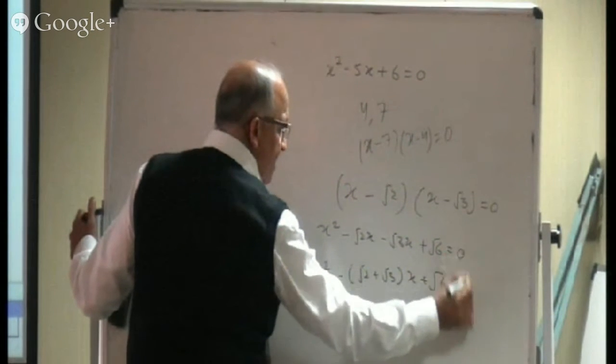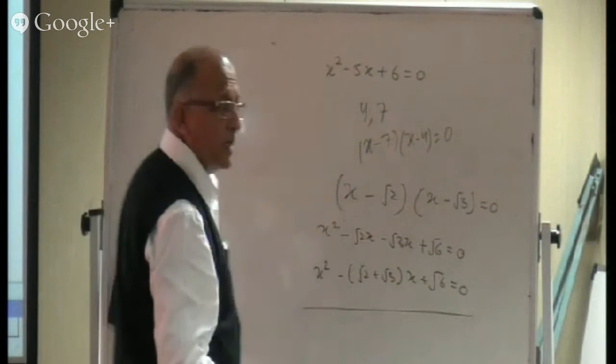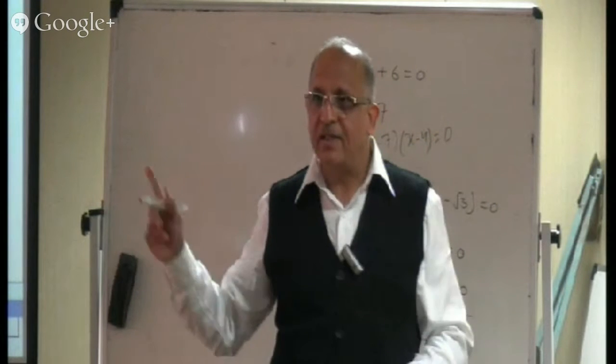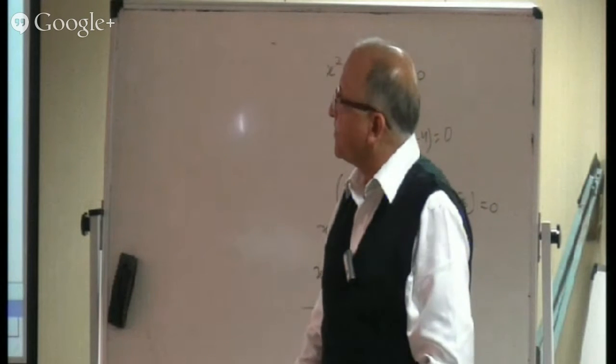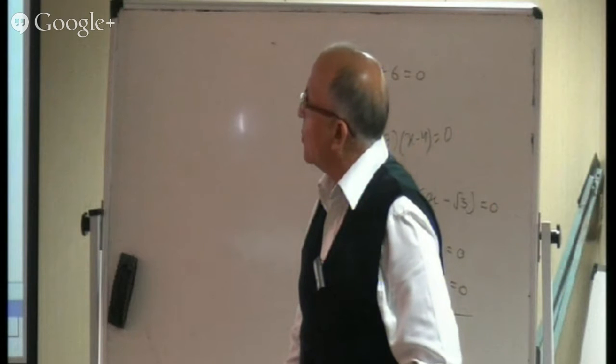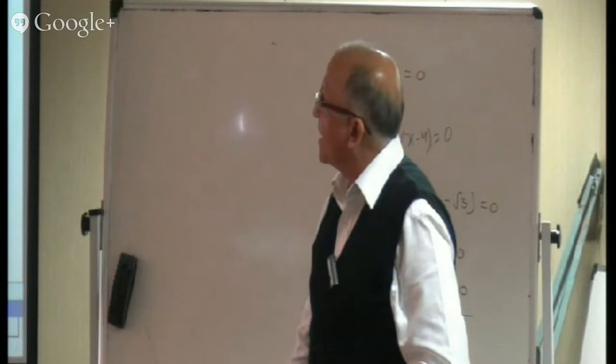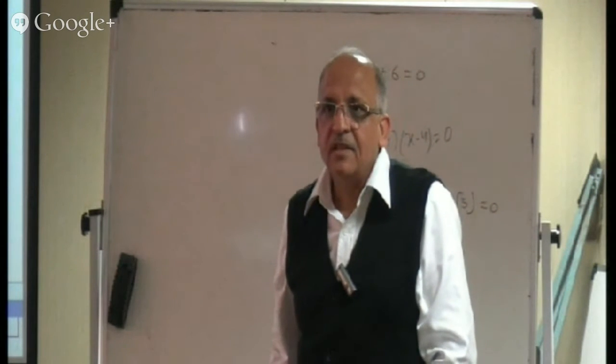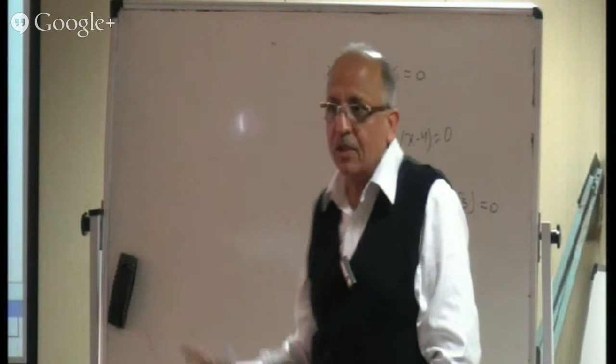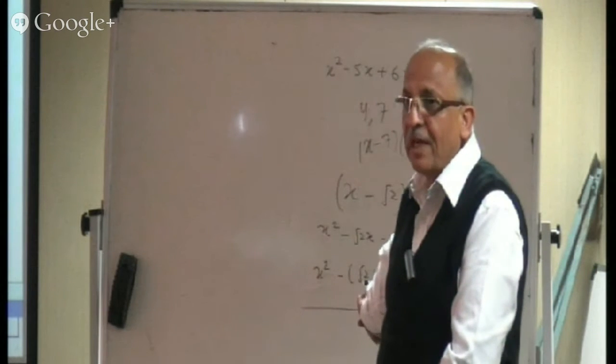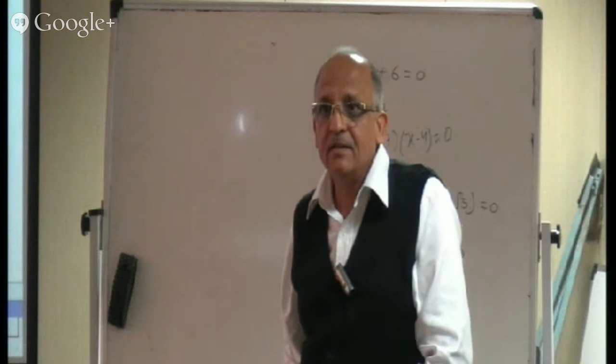But is this the required equation? It is not, because we are asked to find an equation which has rational coefficients. The coefficients of this particular equation we have derived are not rational. So where is the flaw?